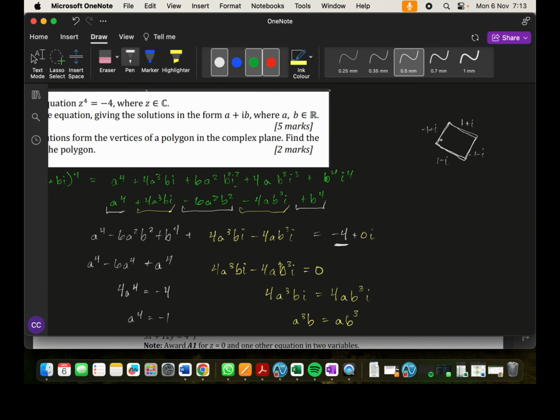For the rectangle that it forms, all we have to do is find the magnitude. The magnitude of 1 minus i, actually the magnitude of all of them, is going to be the same. It's a square. The magnitude is the square root of 1 squared plus 1 squared, so that's the square root of 2. So the sides of this rectangle are square root of 2 times the square root of 2.